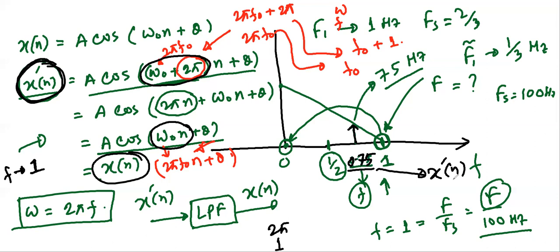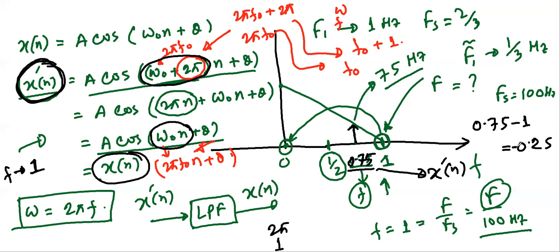Of course, before 1. So we can write it like 0.75 minus 1. What is the value? That is minus 0.25.